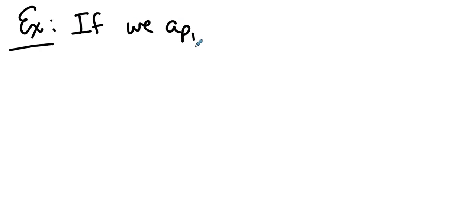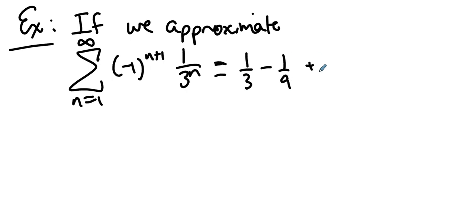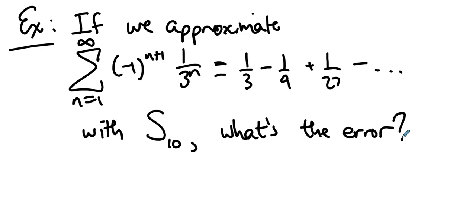If we approximate the sum of (-1)^(n+1) times 1 over 3 to the n, that's 1/3 minus a 9th plus a 27th minus and so on, with the sum of the first 10 terms, what's the error?